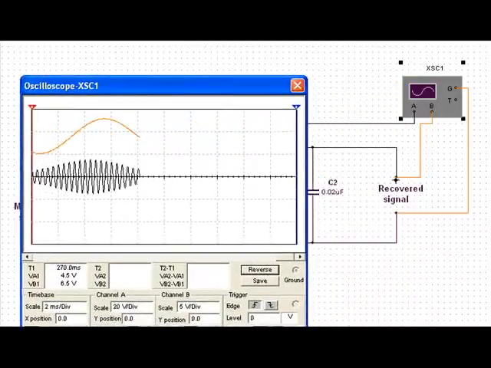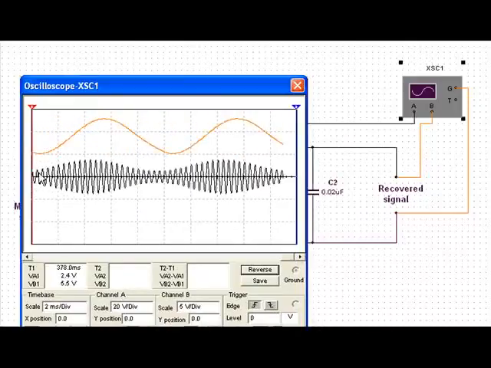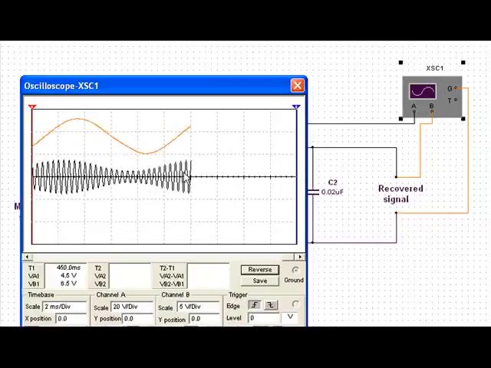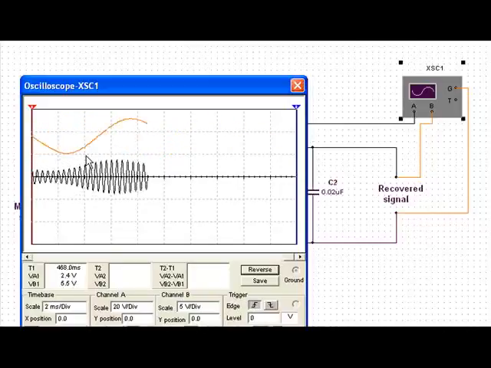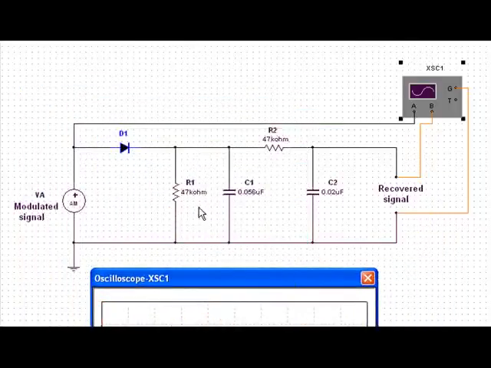And then over here, in orange, this is the recovered signal. And you can see the relationship: the recovered signal is the same shape as the outside of the AM envelope. Now let's look at what's actually happening in this circuit.